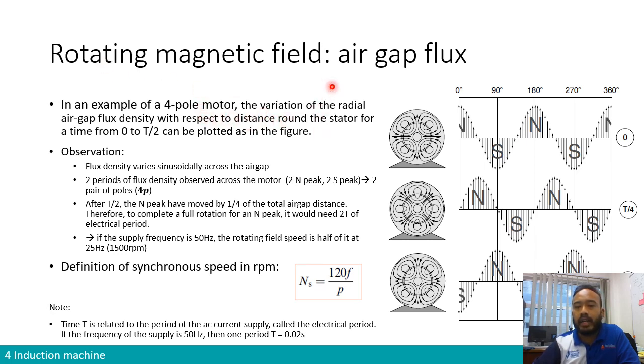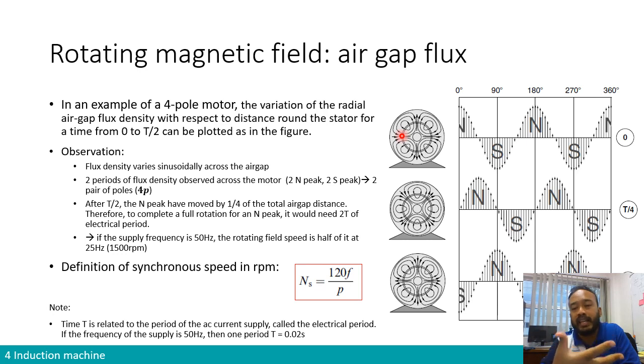The variation of the radial air gap flux density with respect to distance around the stator for a time from 0 to T/2 can be plotted as in the figure over here. So let me explain. We are going to observe the variation of the magnetic flux density across the air gap as the current progresses.